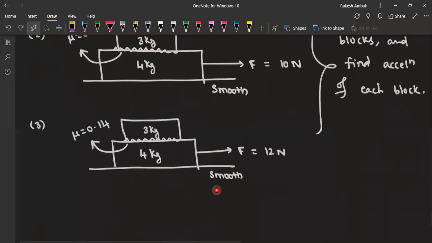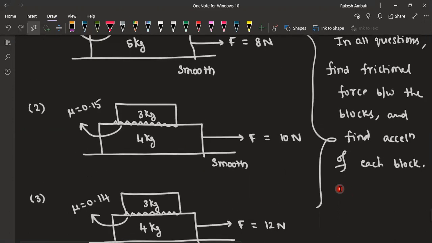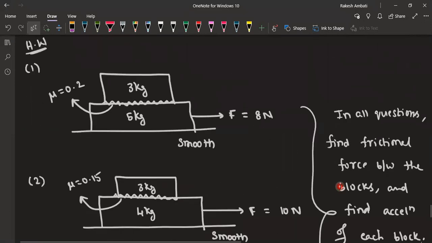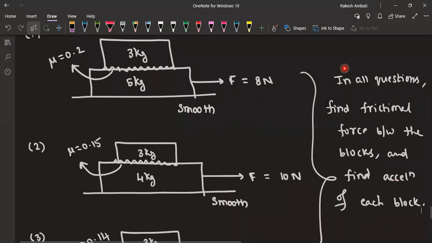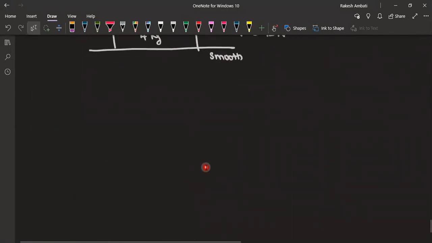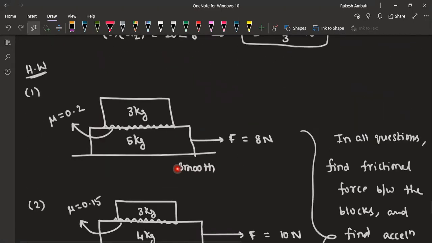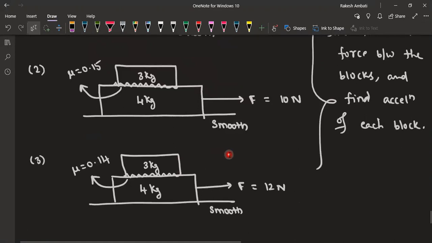Sir, can you show the third one? Which question? They don't type 2. No, it is type 1.